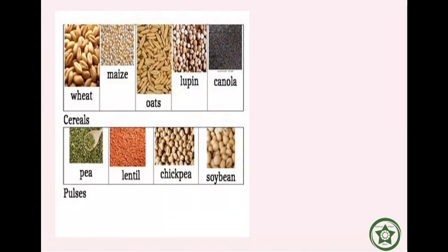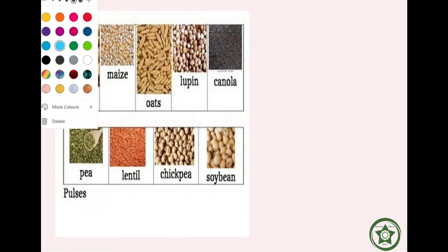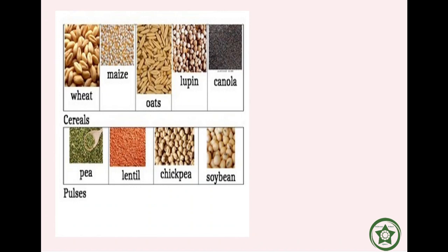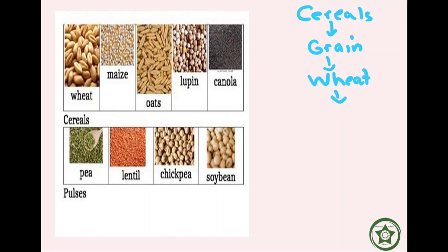Now we are going to discuss the food cereals and pulses. We are going to discuss cereals. Which cereals do we usually eat? We eat grains, we eat wheat, and we eat maize.